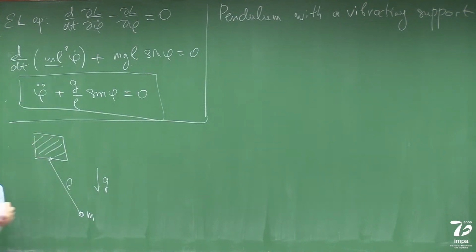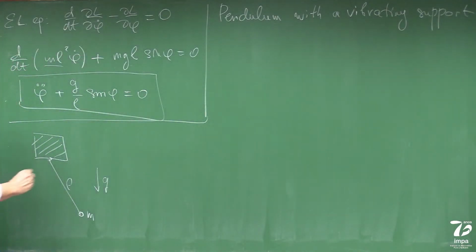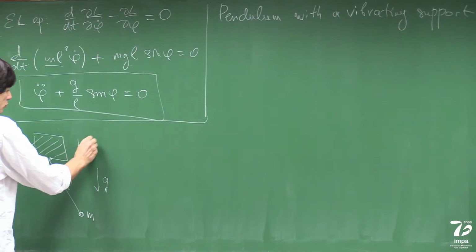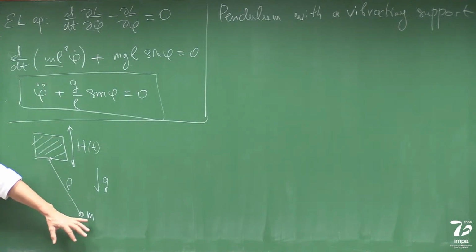And let's put it this way: let's write the position as capital H of t. So this is the vertical position of the base. We know how it moves, and its motion is prescribed. Maybe it's very, very heavy, so it doesn't depend on the motion of the pendulum.